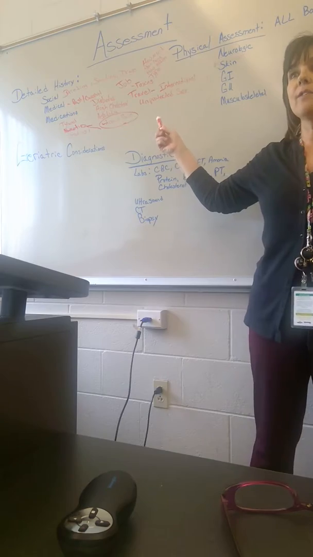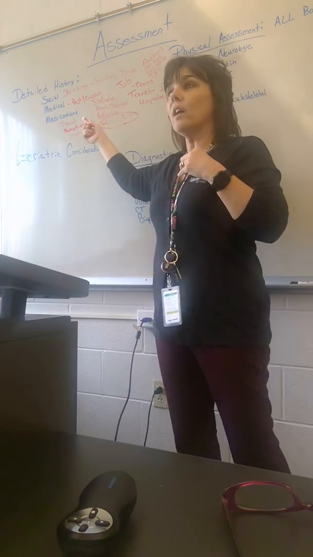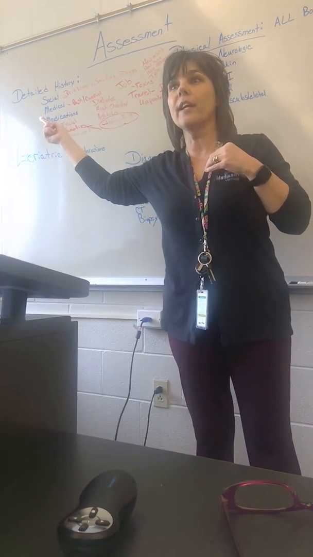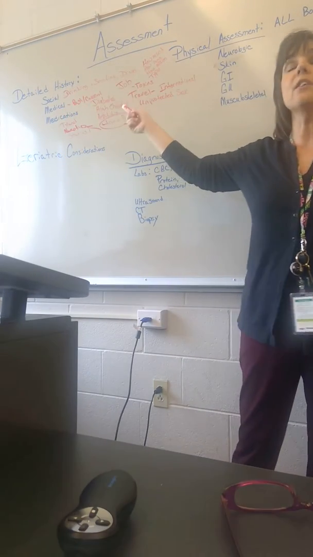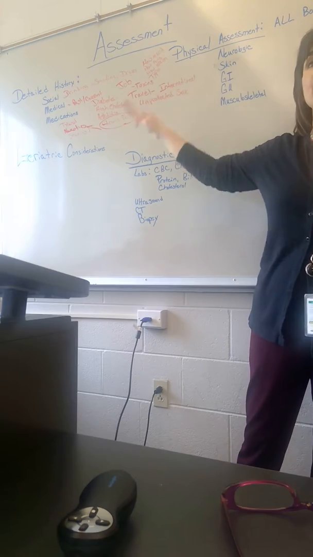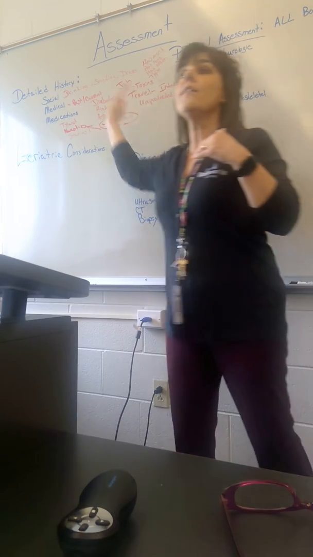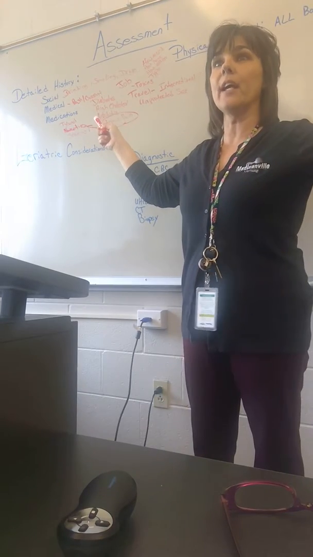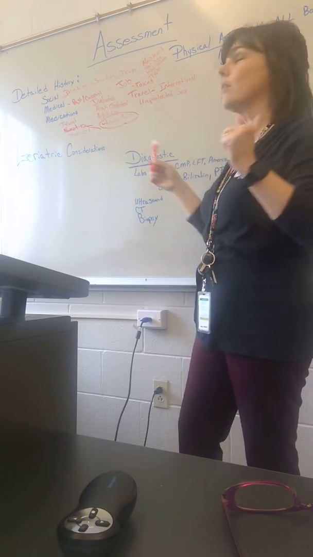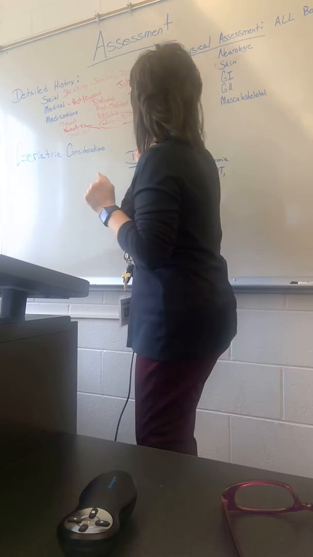Do you drink alcohol? How much alcohol do you drink? Do you smoke? Those are all part of the social history when we're collecting information from the patient. And all of that needs to be taken into consideration when you're planning what care you're going to do for your patient. Okay? All right.